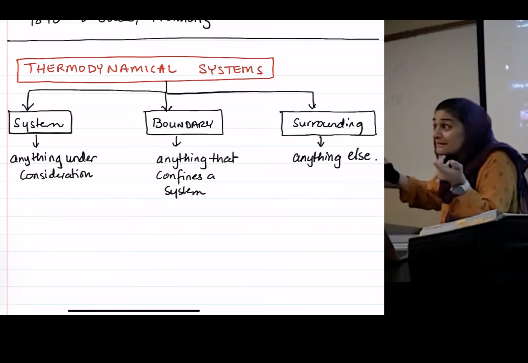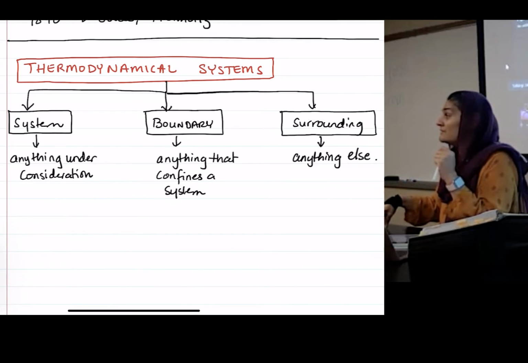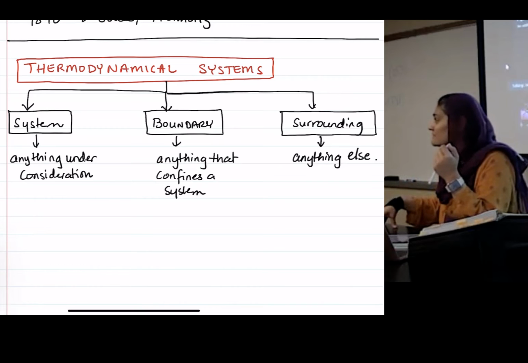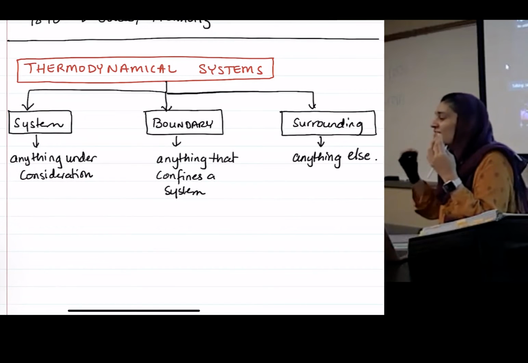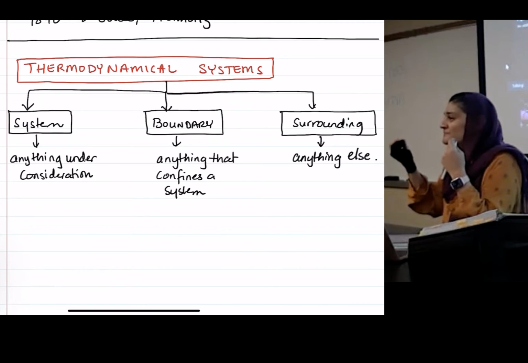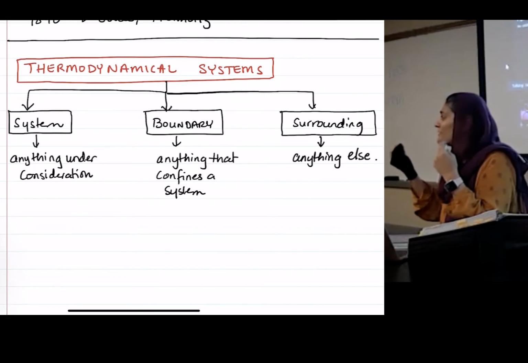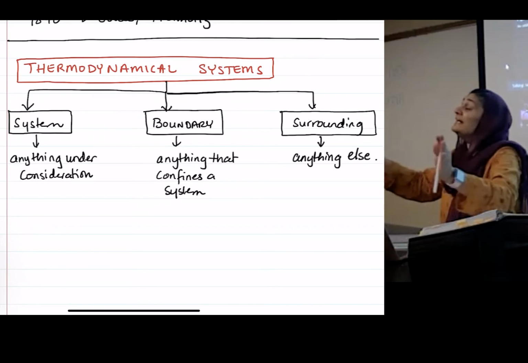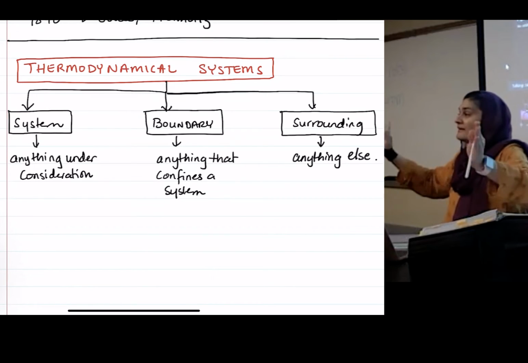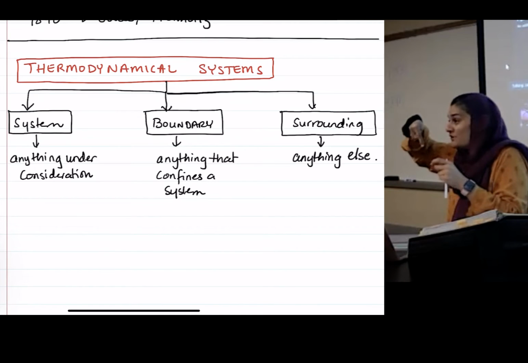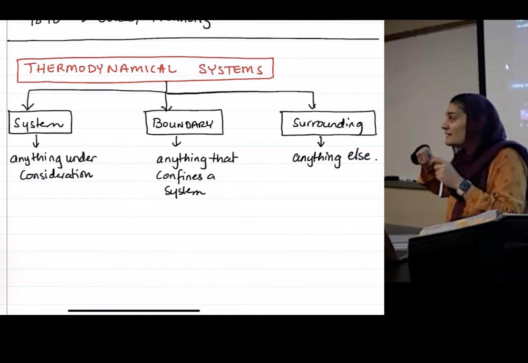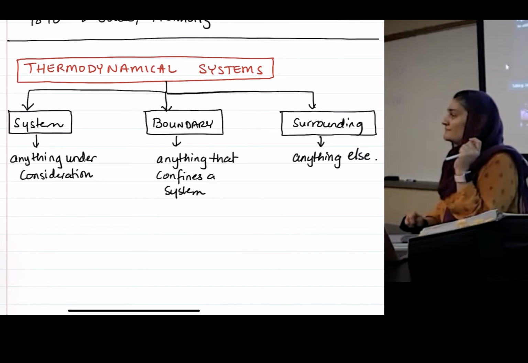Is our surrounding the solar system? Is our surrounding the Milky Way? Is our surrounding the universe? Those questions are more philosophical and also important. But anything beyond this particular classroom, in this particular boundary of time, is our surrounding.